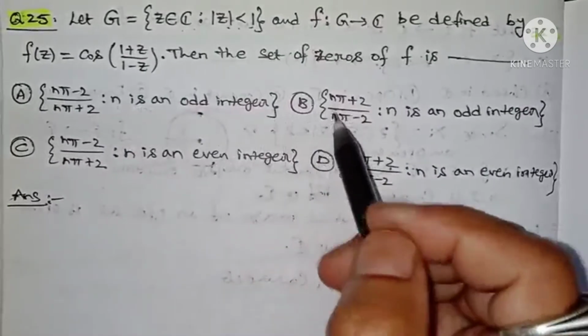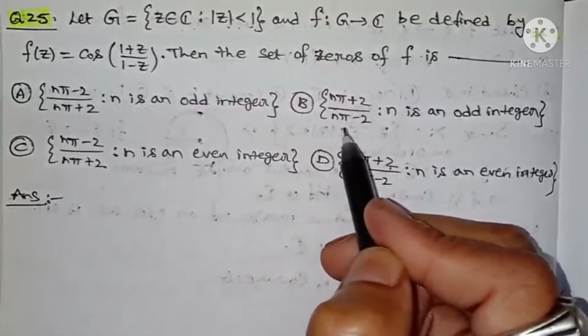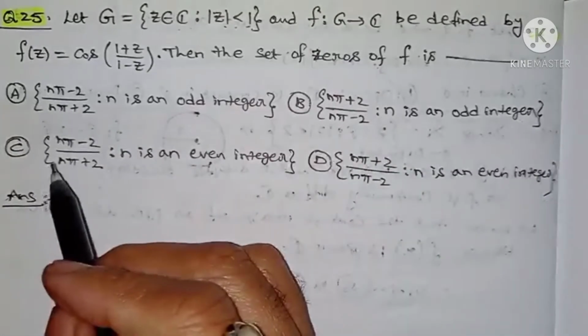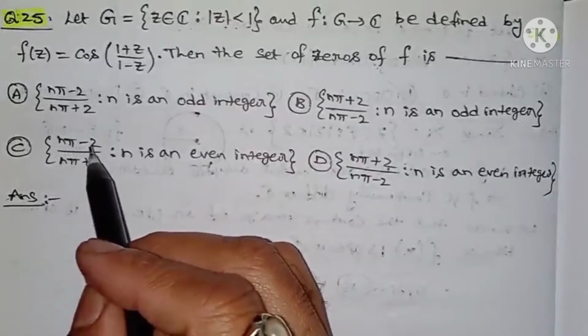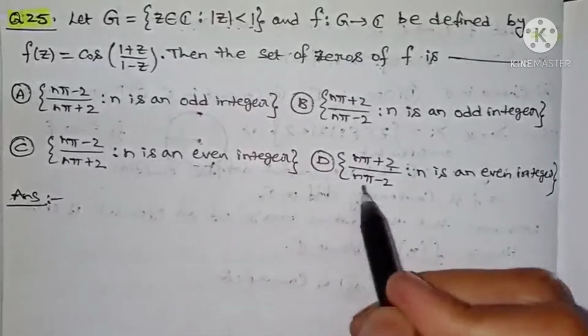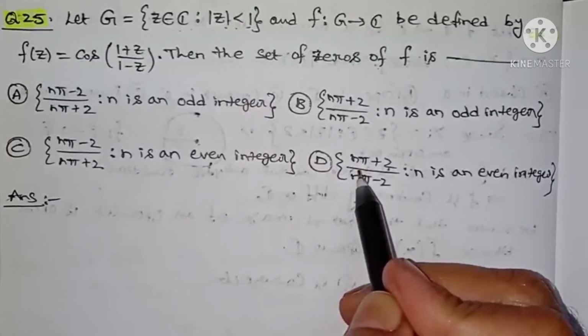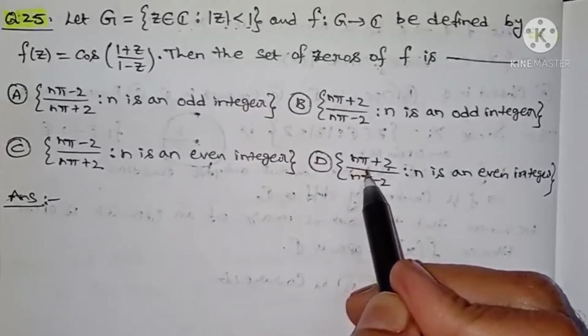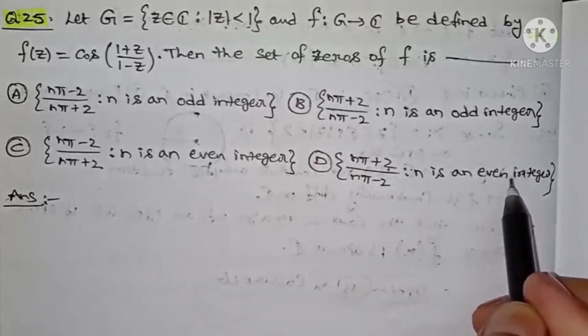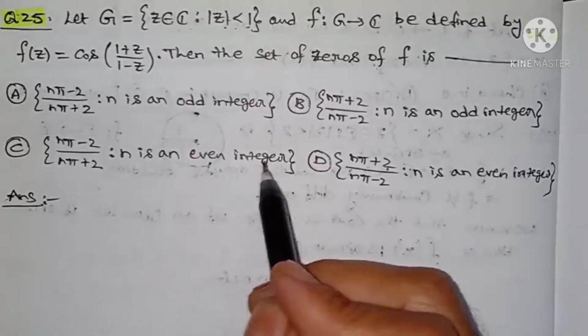Option number B, the set of all (n pi plus 2) by (n pi minus 2) such that n is an odd integer. Option number C, the set of all (n pi minus 2) by (n pi plus 2) such that n is an even integer. And option number D, the set of all (n pi plus 2) by (n pi minus 2) such that n is an even integer. We have to find the correct option from these four.